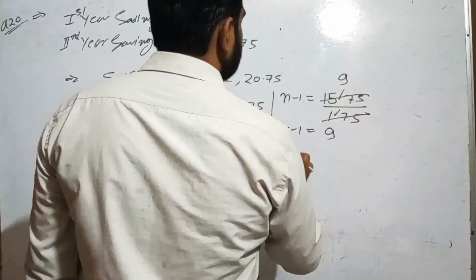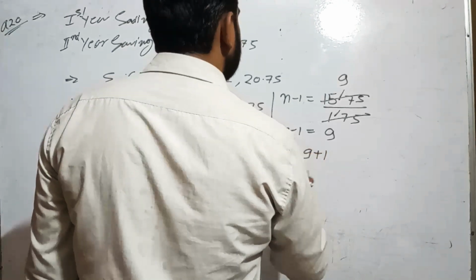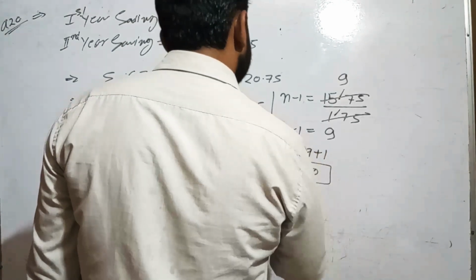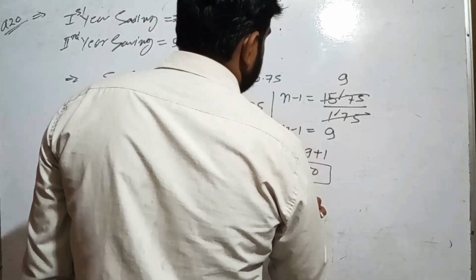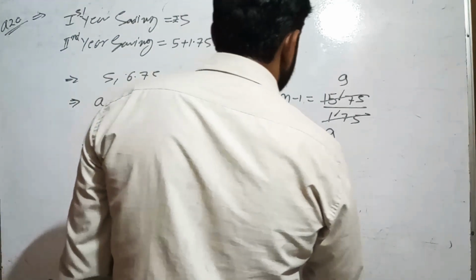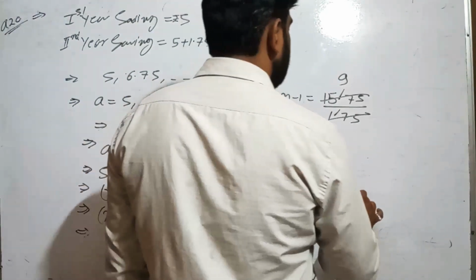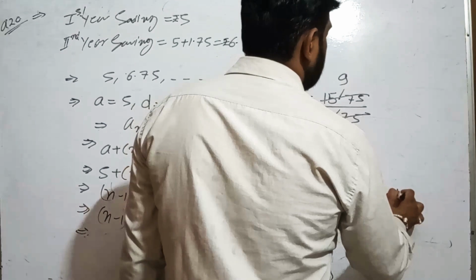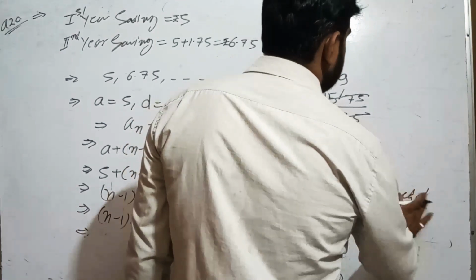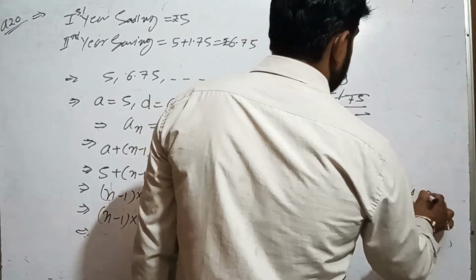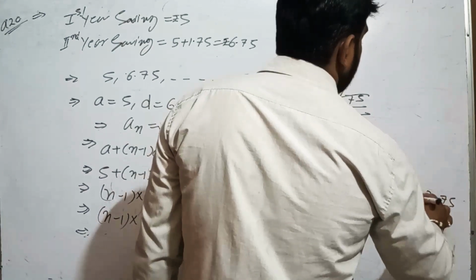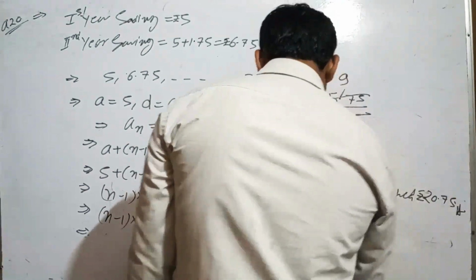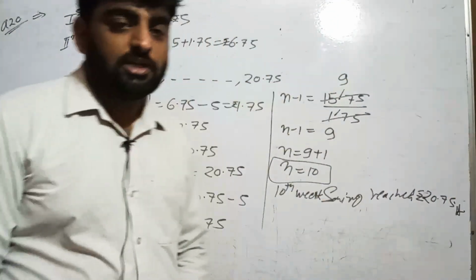So n minus 1 equals 9, so n equals 9 plus 1, so n equals 10. So in the 10th week the saving reached 20.75 rupees, students.